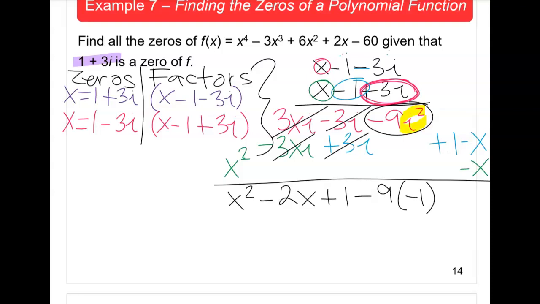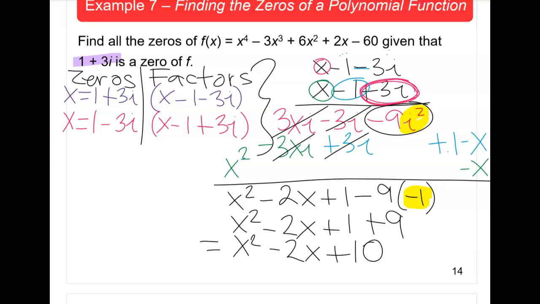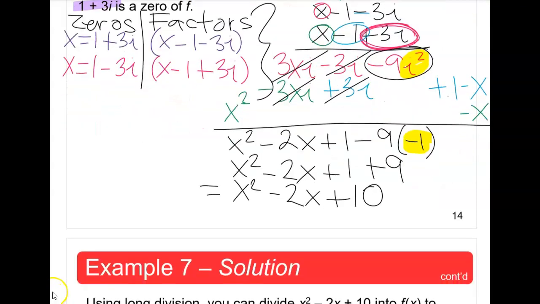Recall that anytime we get an i squared, you replace that with a negative 1. So this is going to equal x squared minus 2x plus 1 plus 9, which is equal to x squared minus 2x plus 10. And that is the product of these two factors.